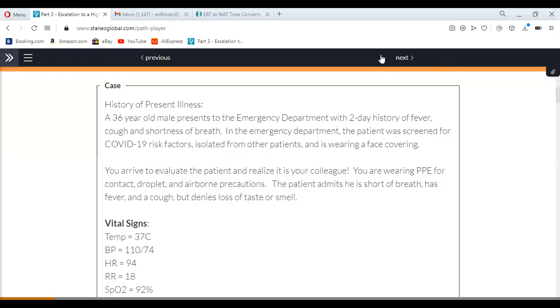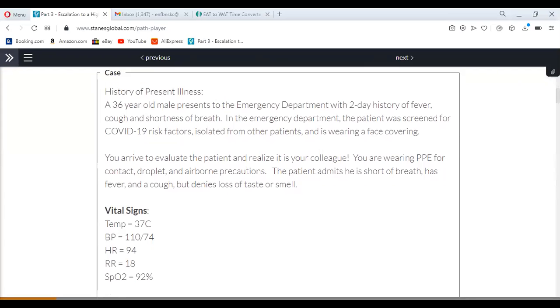So you are wearing PPE, that's personal protective equipment, for contact, droplet, and airborne precautions. The patient admits he is short of breath, has a fever and a cough, but he denies loss of taste or smell, meaning he doesn't have these two symptoms, which are also important in triaging.